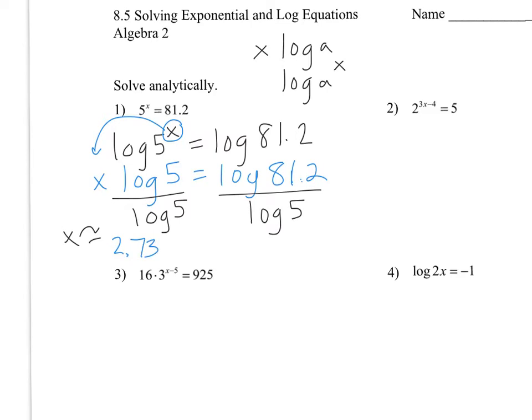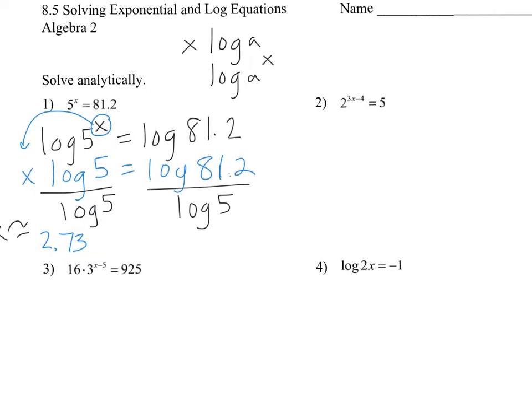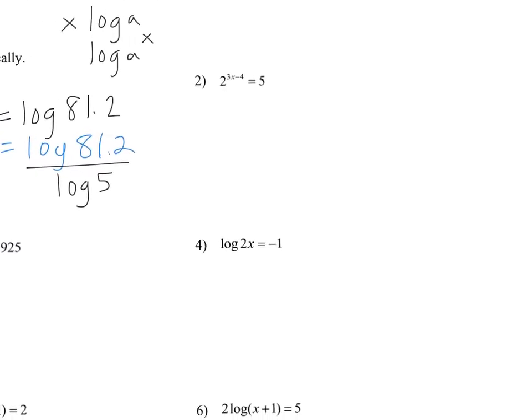So if you have an x in your exponent, you can take the log of each side after you get the base by itself. For number 2, the base is by itself. There's just a 2, nothing around it. So I'm going to write 3x minus 4 out front.